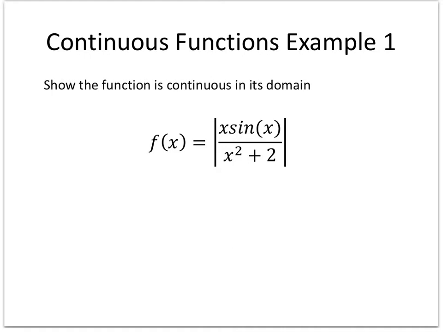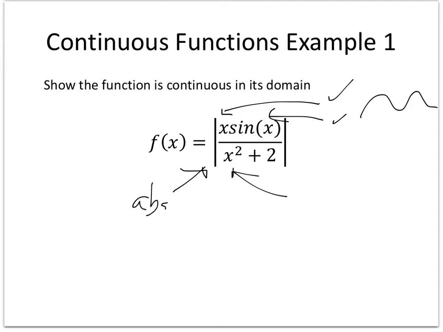All right, here's another one. Look at each piece here. I think x is continuous. That's a straight line. Sine of x is continuous. Remember, it looks like that. And we just said this is continuous. Is the absolute value continuous? Yes. So in this case, the question may be, is this function continuous?